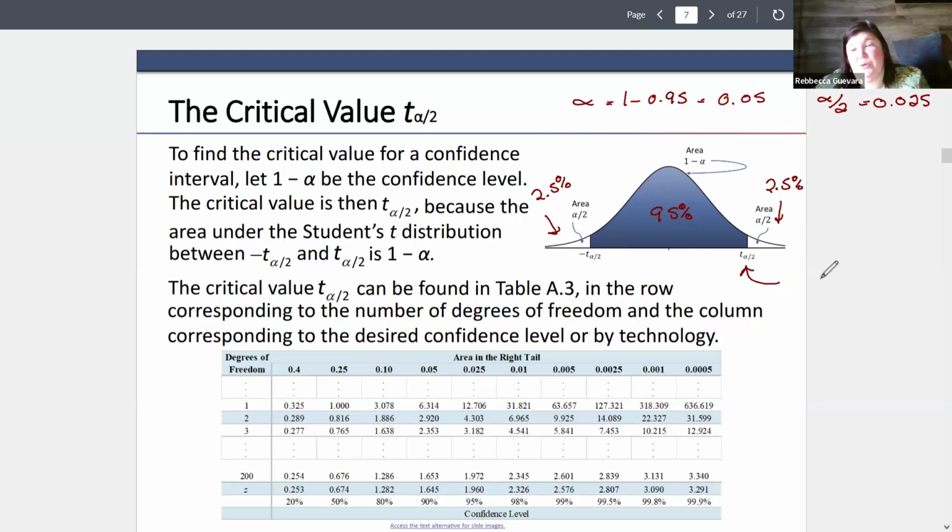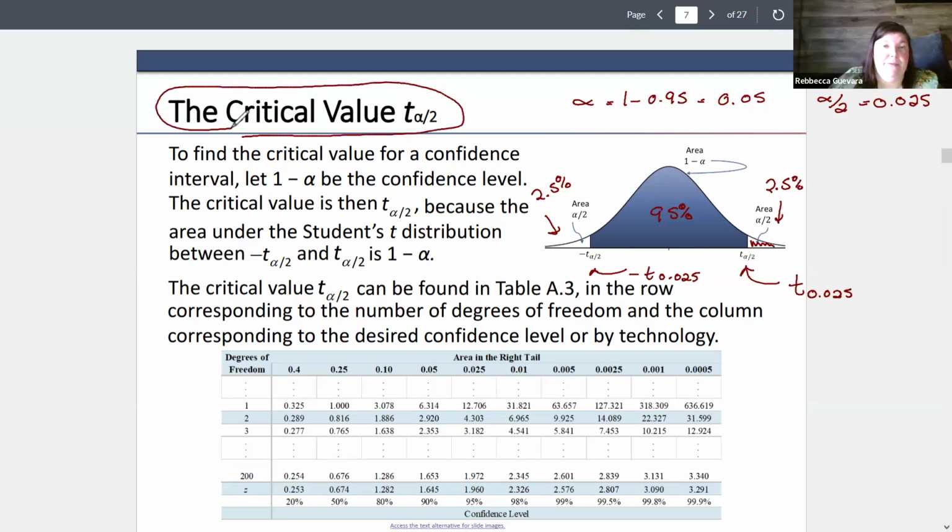So this t-score here is not just t alpha divided by 2, but it's t 0.025 because it's representing the area in the right tail, which means this one is negative t 0.025. The notation for these t-scores is just like z-scores, but this is also a critical value. So t-scores and z-scores can both be critical values.